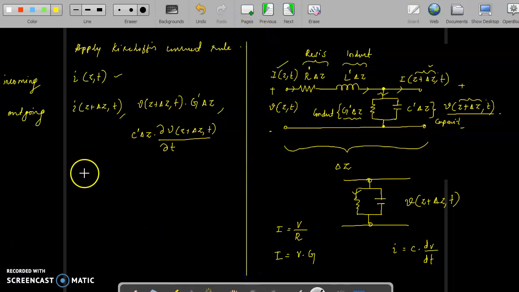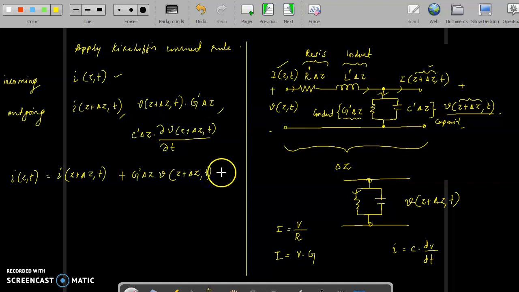So let us equate incoming current I(z,t) to the outgoing current. So these are the outgoing currents, plus the capacitor current.